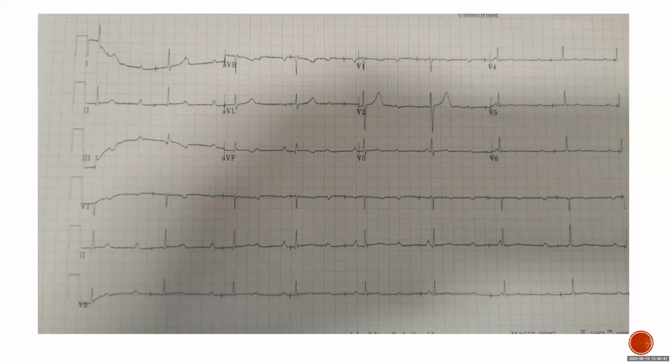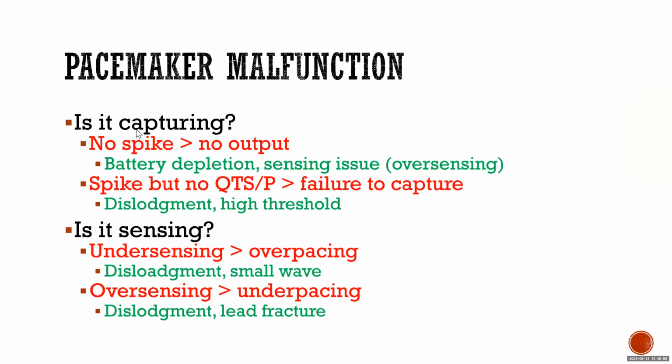No, clearly no. You have pacing spikes and nothing after them, no QRS. So this is failure to capture. So we go back. Is it capturing? No. Is there a spike or no spike? There is a spike. So we already know that there is probably dislodgement or high threshold.